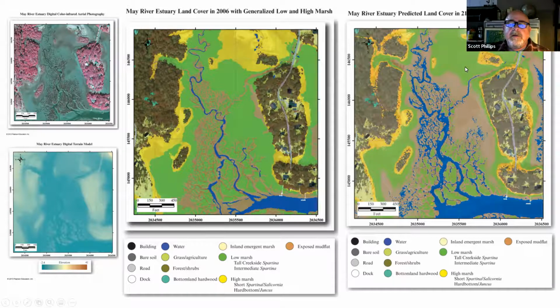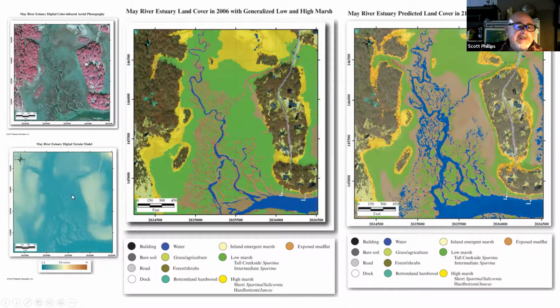And now here we can change the information somewhat so that we have the existing land cover in 2006, and then maybe predicted land cover with changes in sea level rise. So we can use raster information to do these kinds of complex types of analyses.